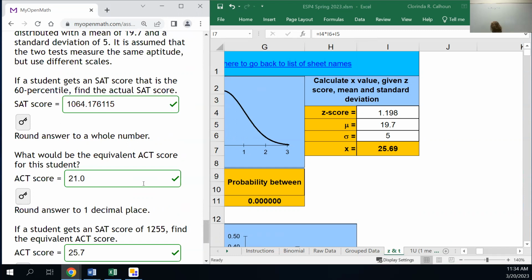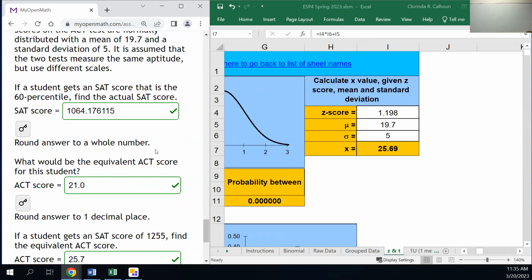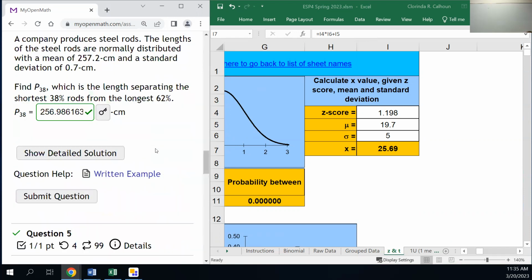Anyone have any questions with that? Number 6. No? Okay.